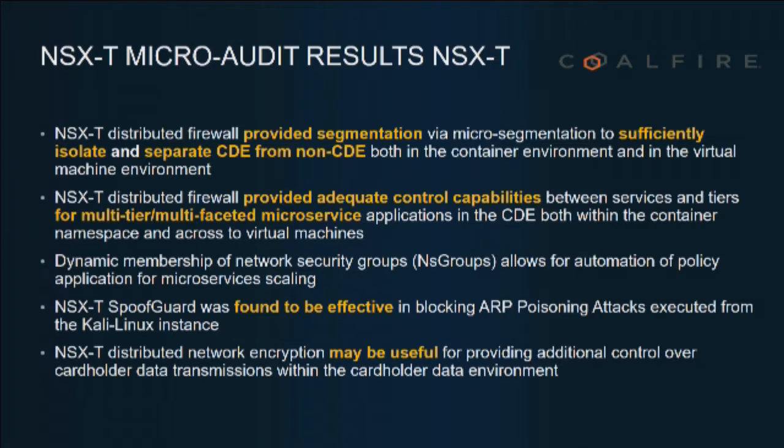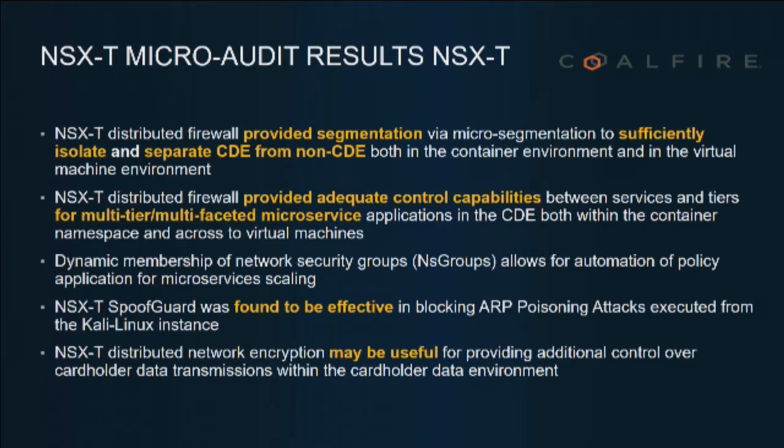So what were the actual findings? Coalfire came in and showed that the distributed firewall was able to provide the necessary segmentation to meet PCI DSS 3.2 needs and provide the necessary isolation between CDE, a card data holder environment, and non-CDE within a Kubernetes container environment utilizing NSX-T.